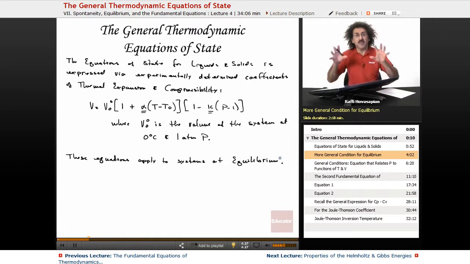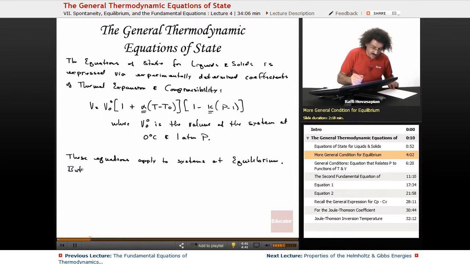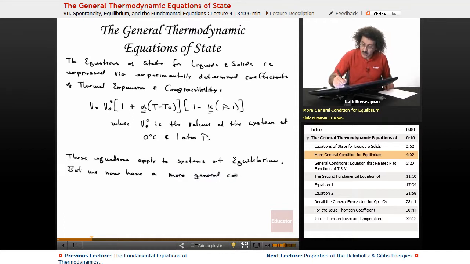But we now have a more general condition for equilibrium. That's what we've done in the last few lessons. We've talked about this general condition of spontaneity, a general condition of equilibrium.